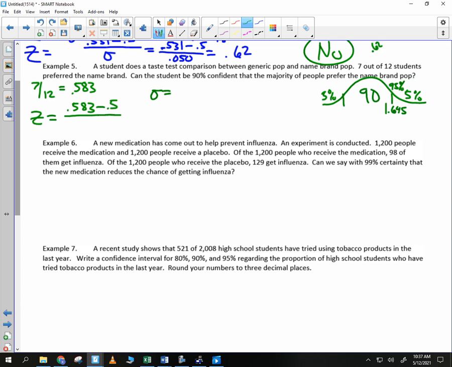How do I come up with sigma? Yeah, I got that 0.583 times 1 minus 0.583 divided by what is n in this situation? It's 12. We only surveyed 12 people.